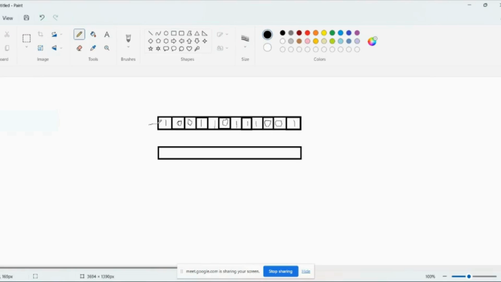Okay, this is one chain and there is one more chain.